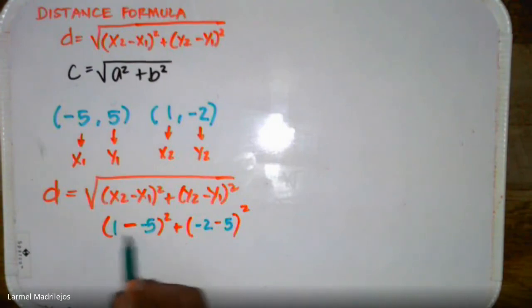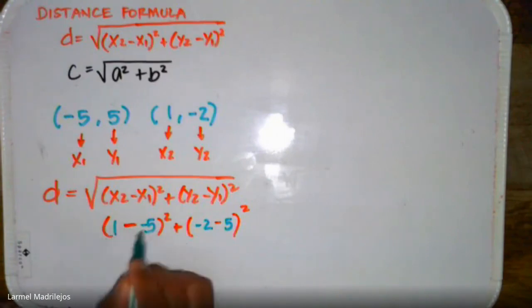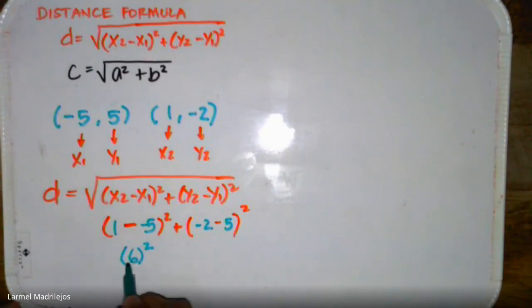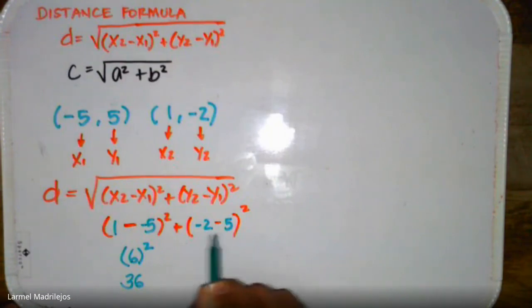Let's solve the x here. Negative times a negative turns to positive. So 1 plus 5 makes 6 squared. 6 times 6 makes 36. Okay, we're good with x. Let's go with this: -2 minus 5, we use the negative sign and we add.